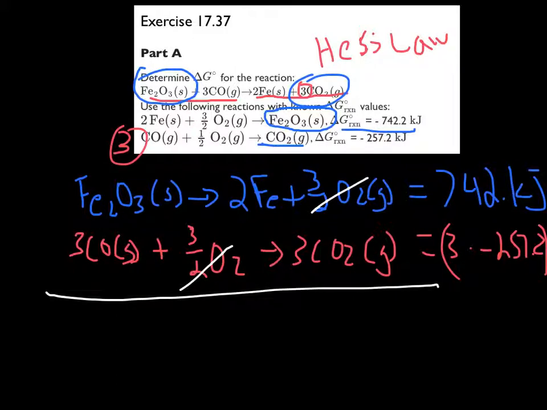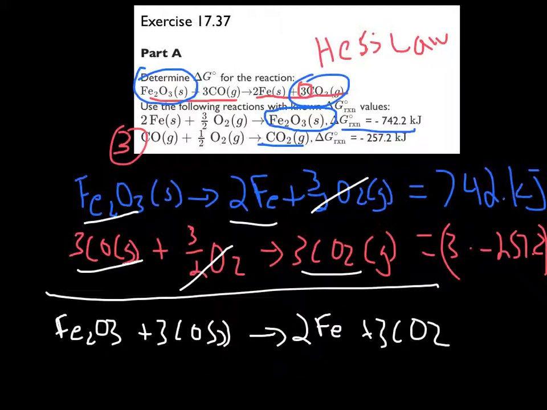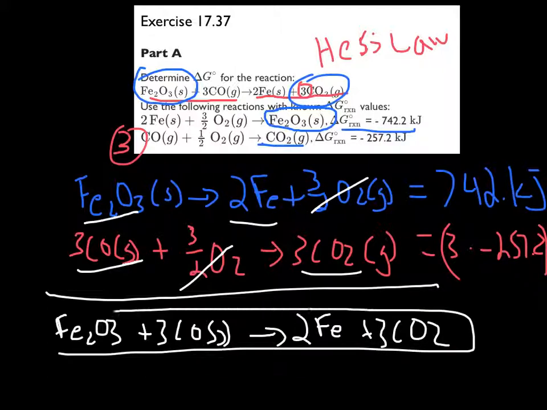Now let's bring down what we have: Fe2O3 plus 3 CO equals 2 Fe, and then 3 CO2 comes down. Now you notice that this is equal to the reaction up here.